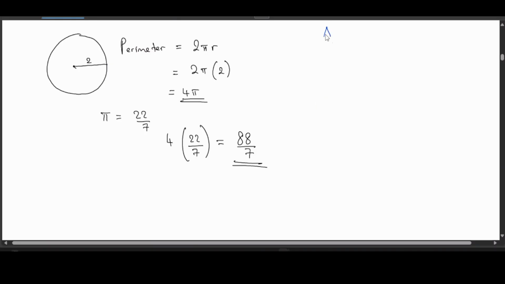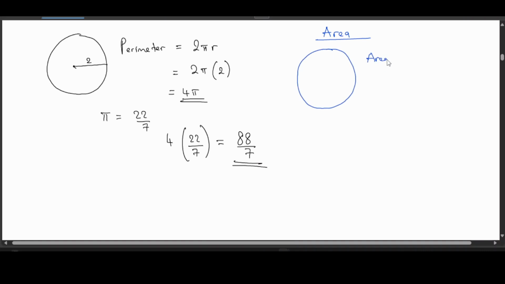Let us come to the area of a circle. How do we get the area of a circle? When we talk about the area of a circle, what are we going to use?